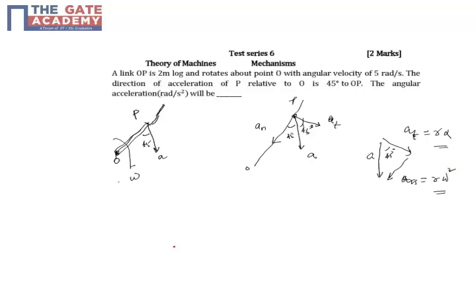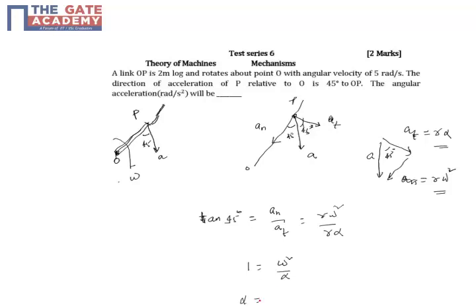Okay, so tan 45, from this diagram it's basically a_n by a_t, and a_n is r omega square and a_t is r alpha. So tan 45 is 1, so it is omega square by r alpha.